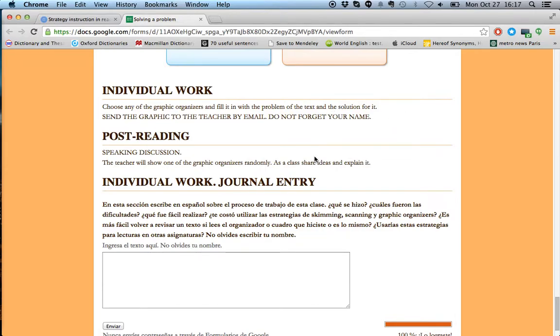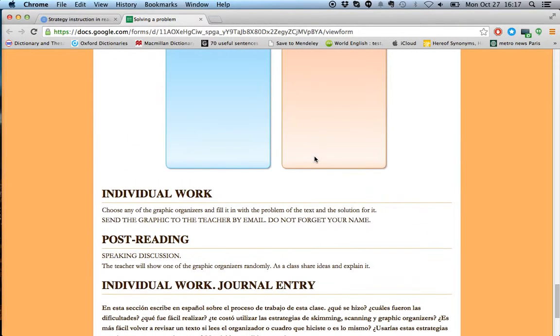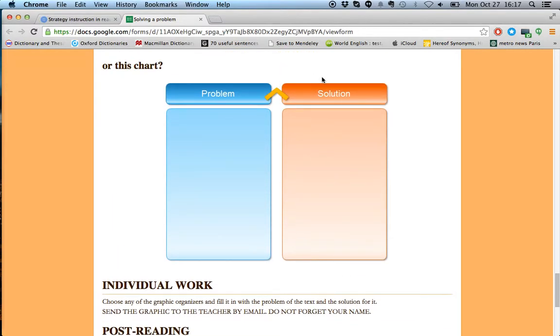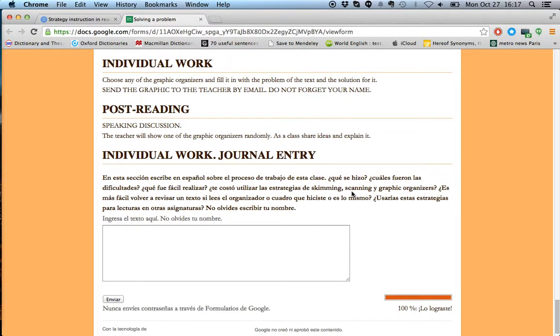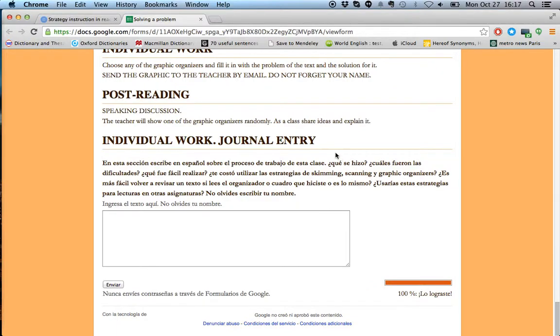So they can write down the problem and the solution that were presented on the text. After that, the teacher would pick one of the graphic organizers randomly, and as a class, students would have to share ideas and try to explain this graphic organizer.